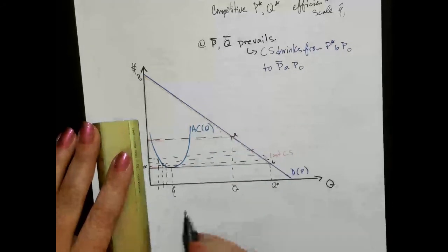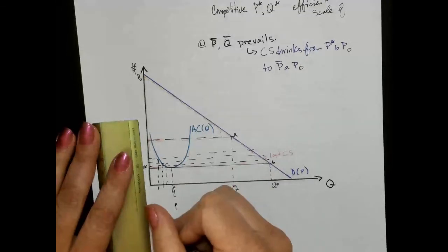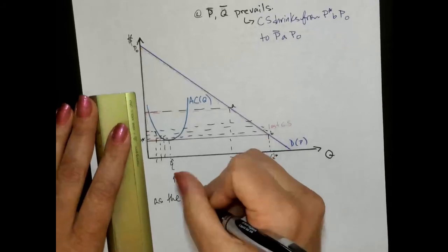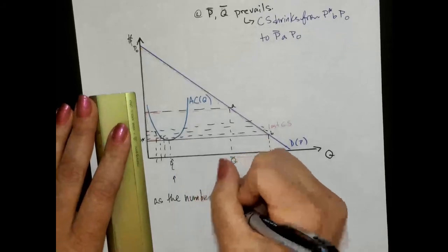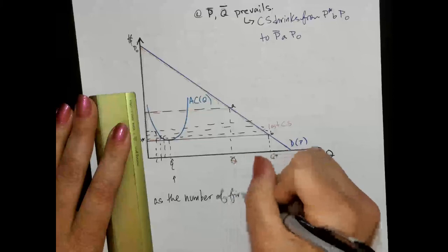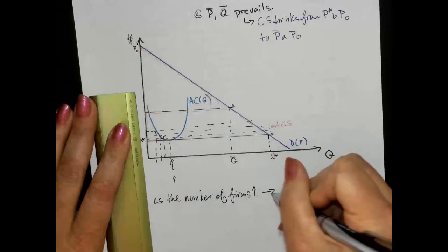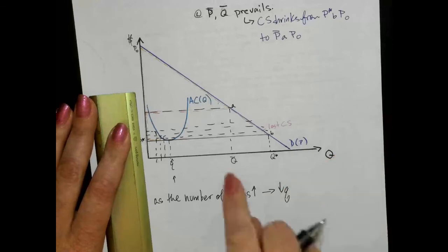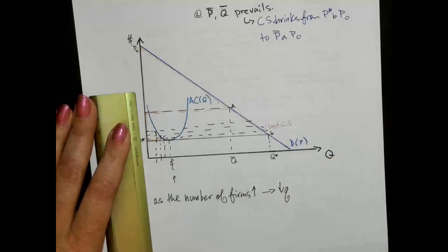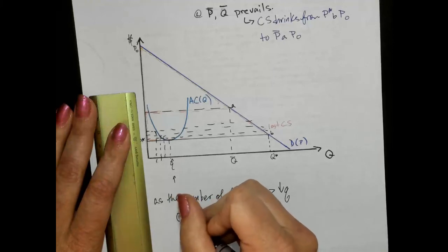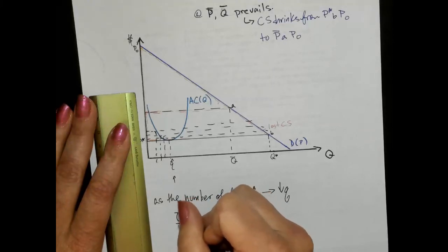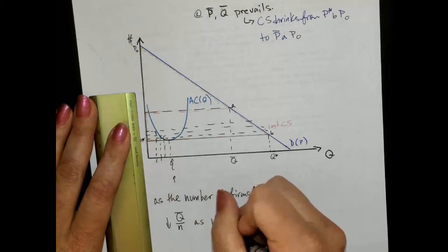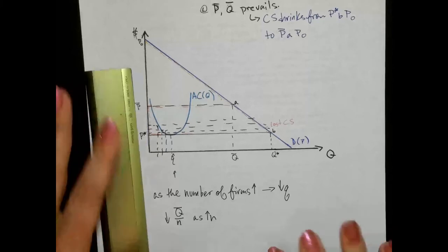And that's because if this is the efficient scale, as the number of firms increases, the individual quantities will decrease because they're all splitting that same larger Q bar. So Q bar divided by N is going to decrease as N increases, is another way to put it.